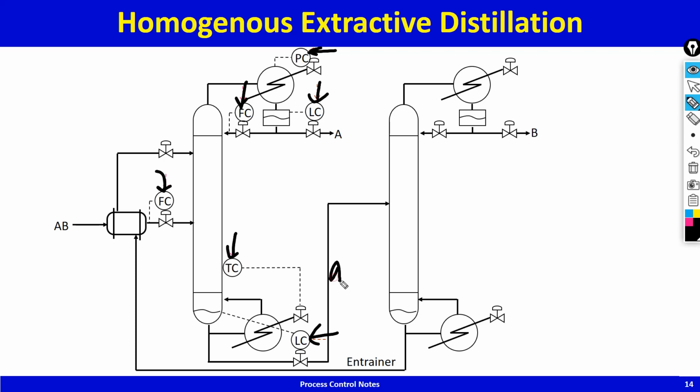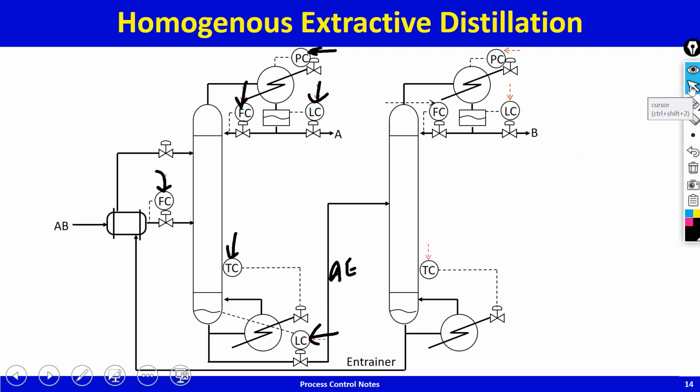This AE mixture goes to the next column, and in the next column what we do is we've got same old. We've got pressure control, level control, we've got reflux under flow control, and then we've got reboiler duty being adjusted to hold a tray temperature so that B doesn't leak down the bottoms.